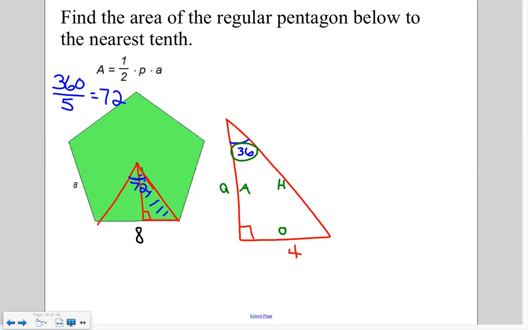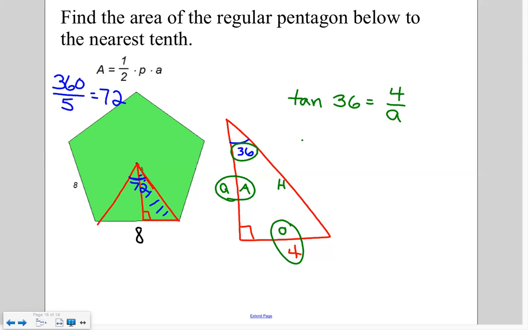If I want to solve for A, I'm going to use the opposite and adjacent sides, which is tangent. So tangent of my angle, 36, equals opposite over adjacent, TOA. So opposite over adjacent, 4 over A. Variables low, switch them.